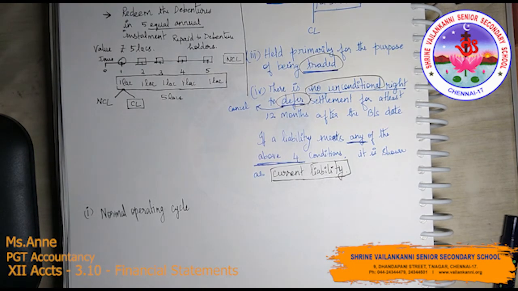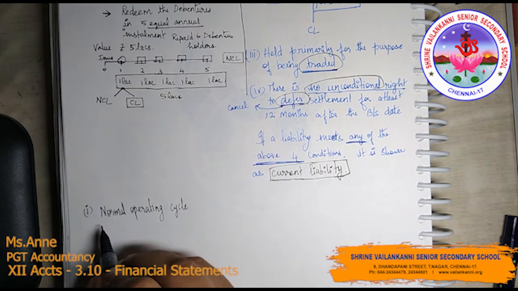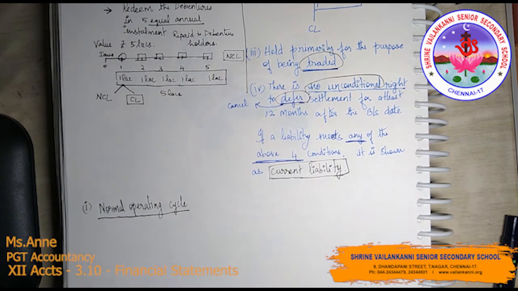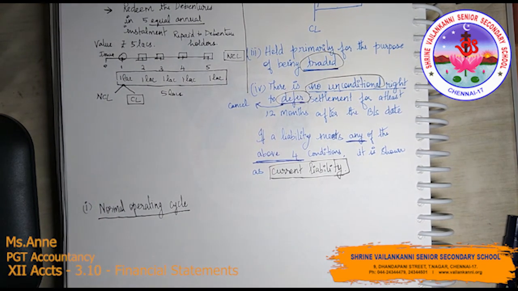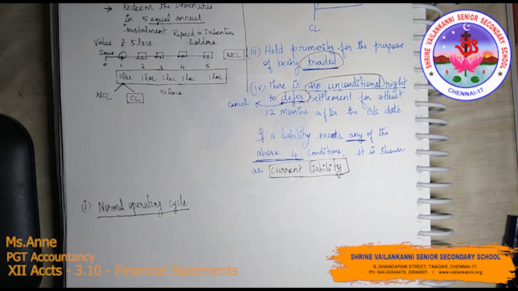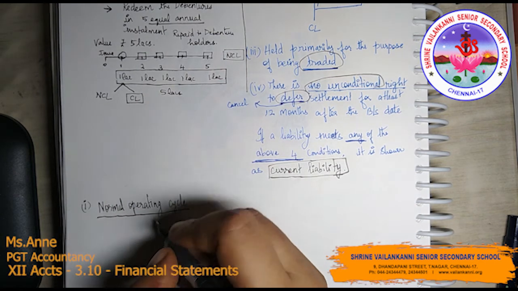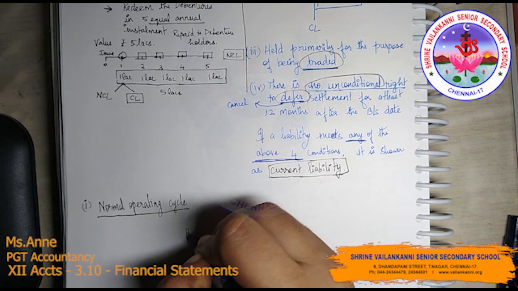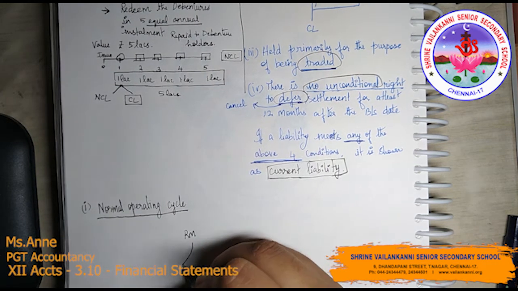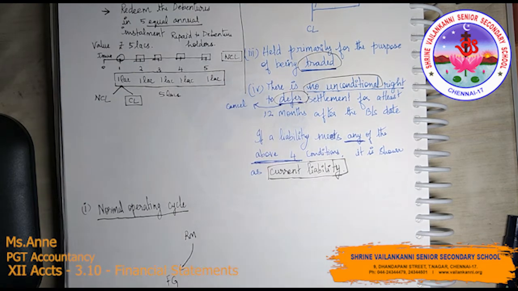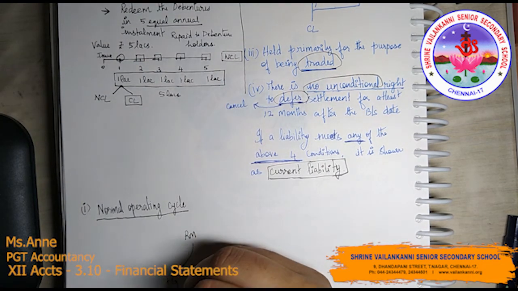Now we are going to discuss each element in a little detail, so that it will be useful for us to solve this type of problems. Normal operating cycle. Say for example, if a company's normal operating cycle, you know what is the operating cycle, right? For recap, the raw material needs to be processed as finished goods.